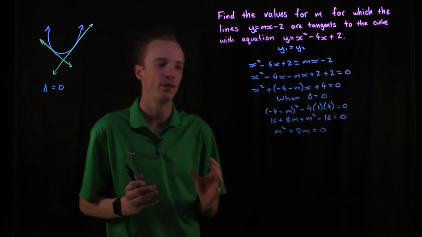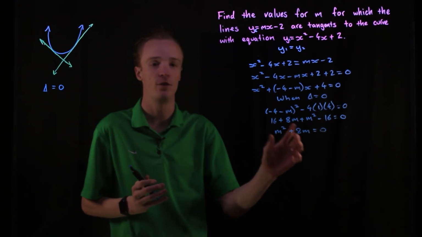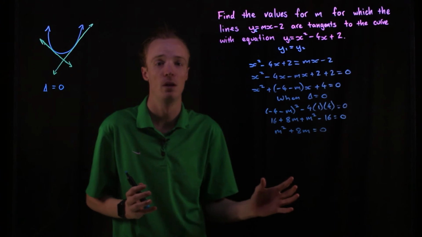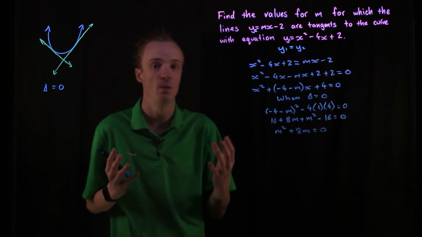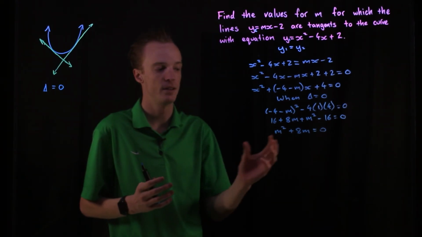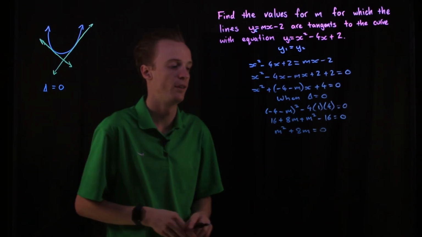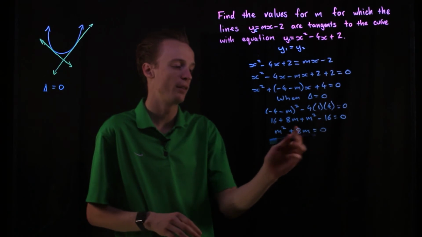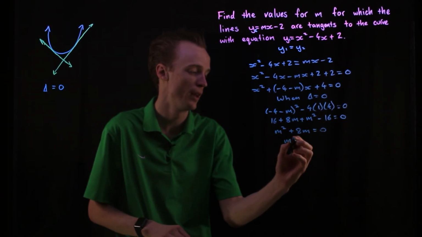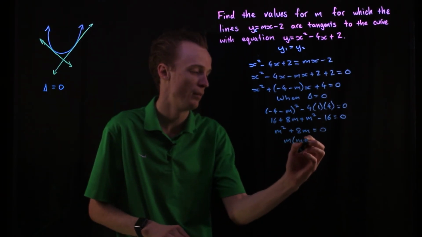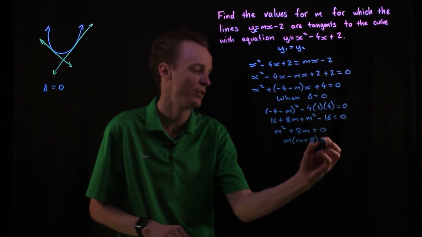And now what I've got is a situation where I've isolated just m. I don't have x's anymore. And I can solve for m in any way that I want. Now, given that this is a quadratic, the very first thing I should do is look to see whether I can factorize it. Now, I notice that there's a common factor of m here, so if I remove that, that'll give me m plus 8, which is equal to 0.